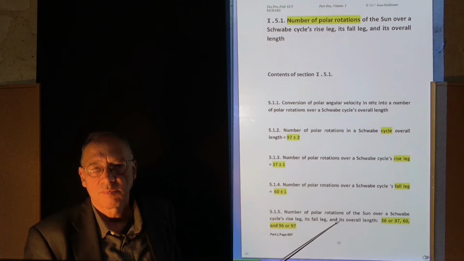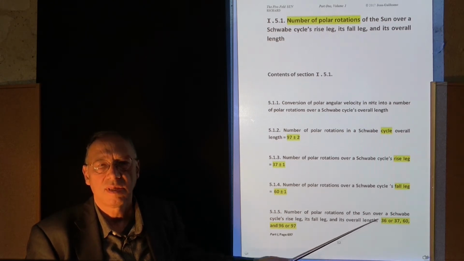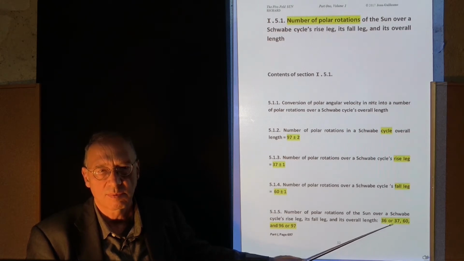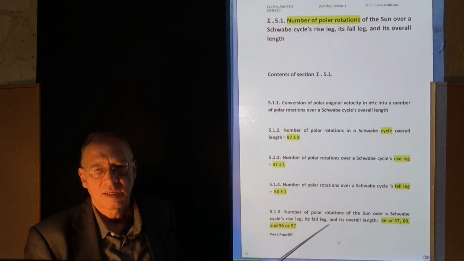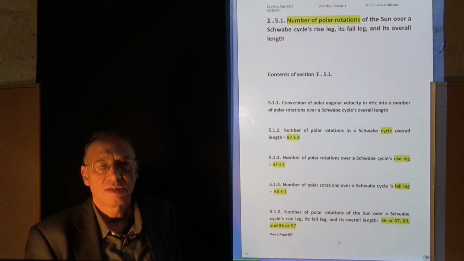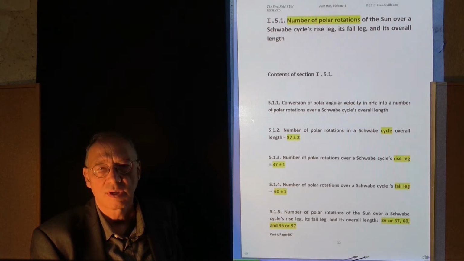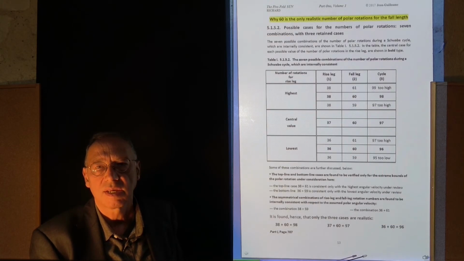So the numbers of polar rotations in the 3 cases are 36 or 37 probably, 60 and 96 or 97. We shall see later why the upper case with 38 rotations or 98 rotations is not retained, and why 61 or 59 are not retained.